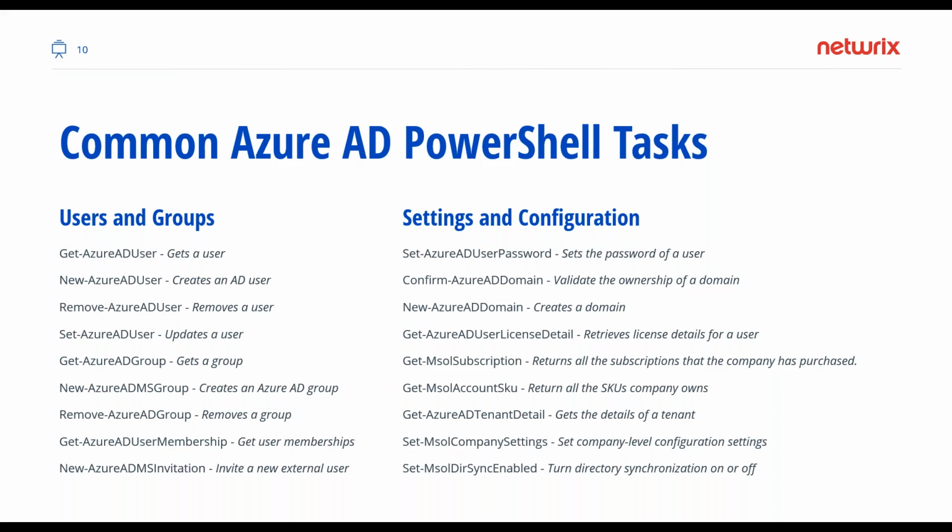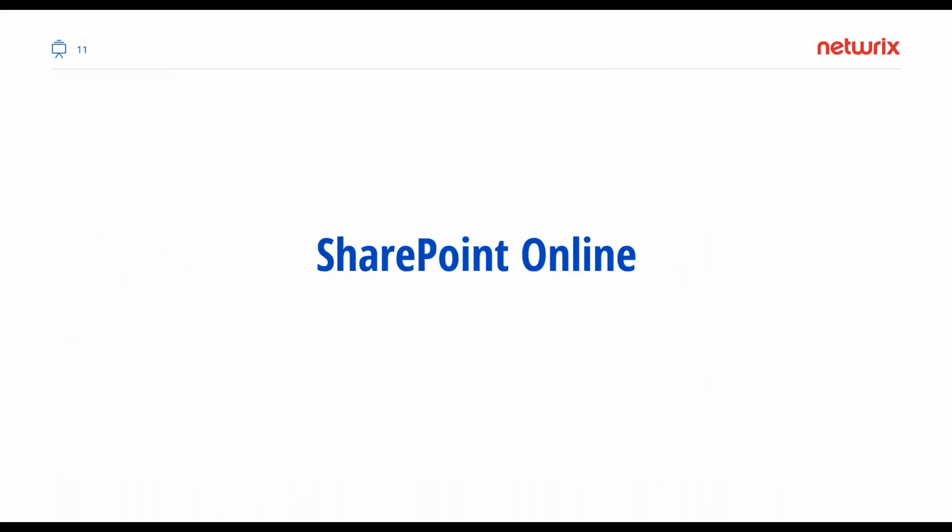Or you may just want to get Azure AD tenant details. So these are the common tasks that most people will do, specifically within Azure AD. Now, of course, there's lots more than this, and the list for Azure AD is just endless. And I'll show you some of those a little bit later.